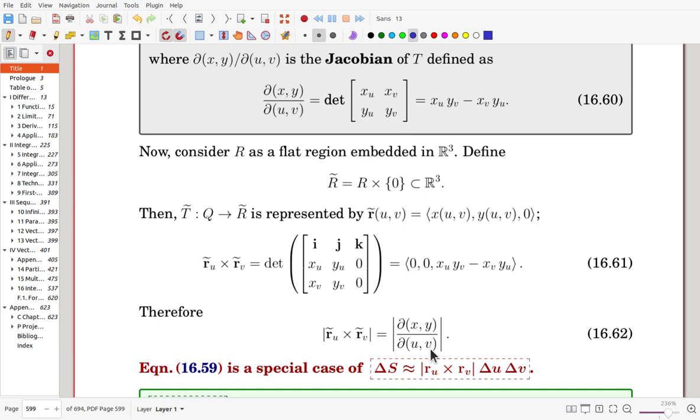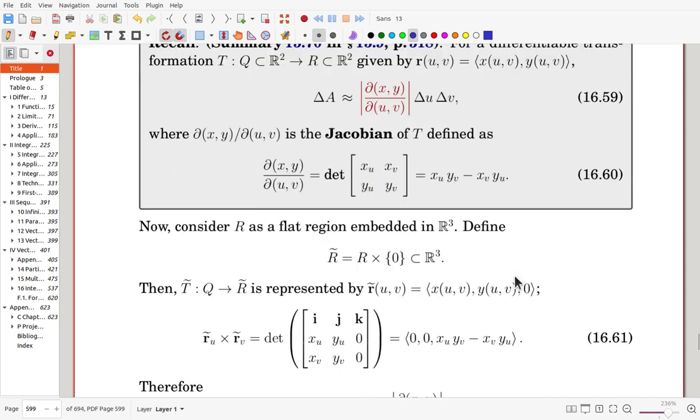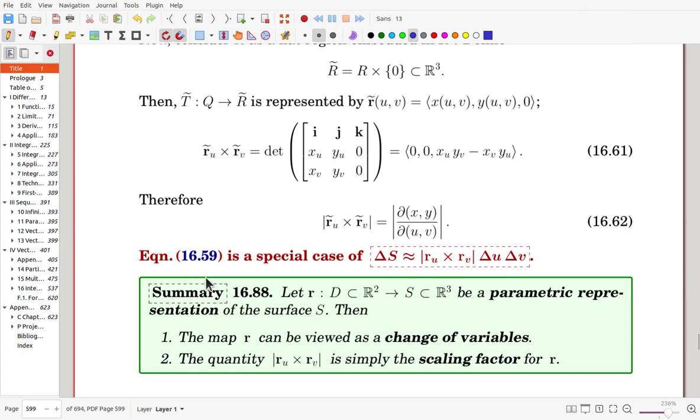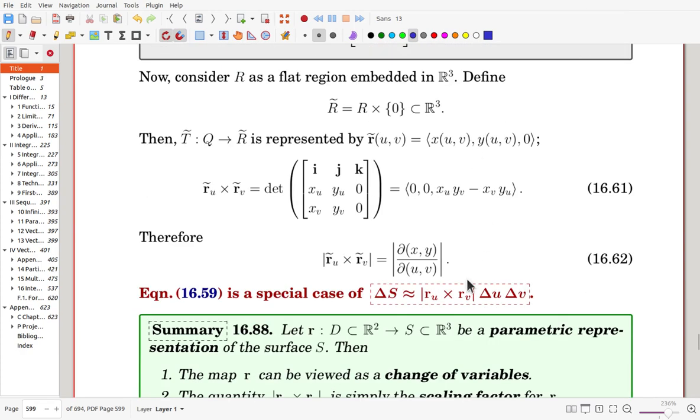So we may consider the map to get the surface as the change of variables. We can say that this change of variables is a special case of the general 3D transformation. Of course, this is also a change of variables.